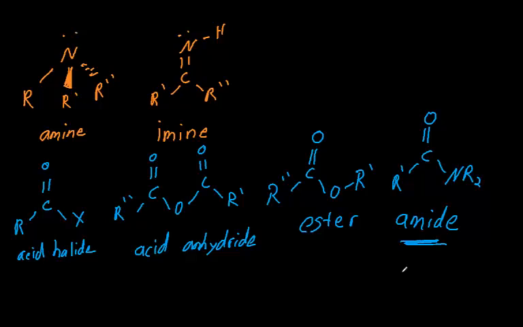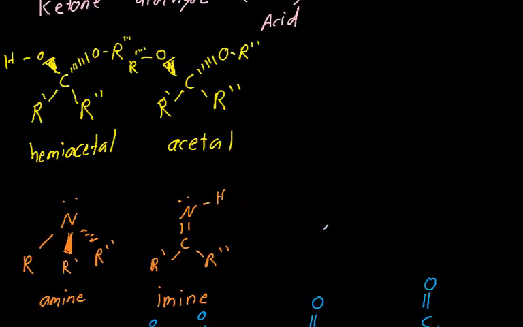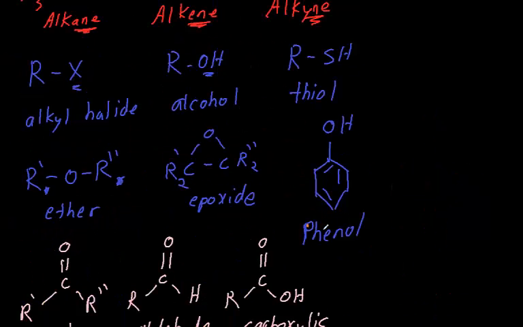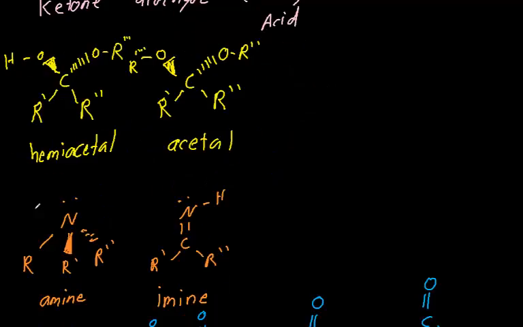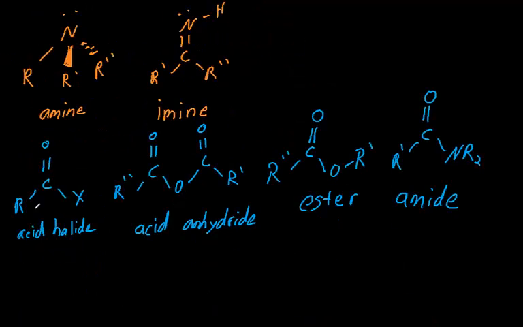So get those differences in your head. I always confuse ester with ether right here, so watch out for those. And yeah, be sure to memorize all these. Use flashcards, use whatever you need. But these are very important, basic things you need to be able to work with for the MCAT.